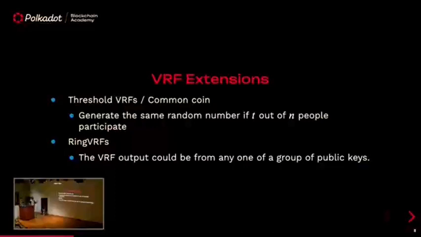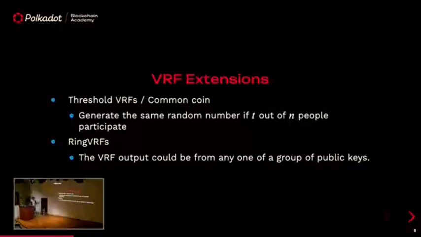There's also ring VRFs, where the VRF output could be from any one of a number of public keys. This is very similar to ring signatures that we discussed, where you see the signature and you say, well, this could have come from any number of public keys. Maybe it's a group of 9 and you don't know which one out of the 9 it came from. It's the same thing with a ring VRF.